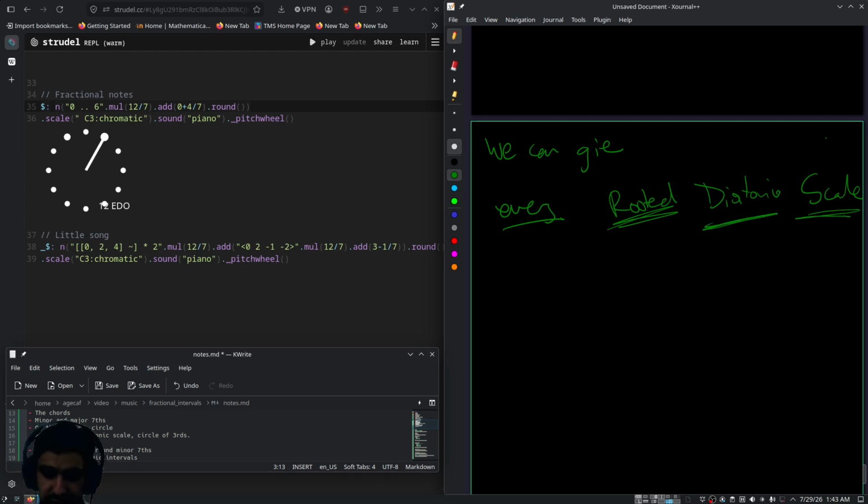And by diatonic, I mean it's one of the modes. And for each one of them, I can give them a number, which is a fraction.